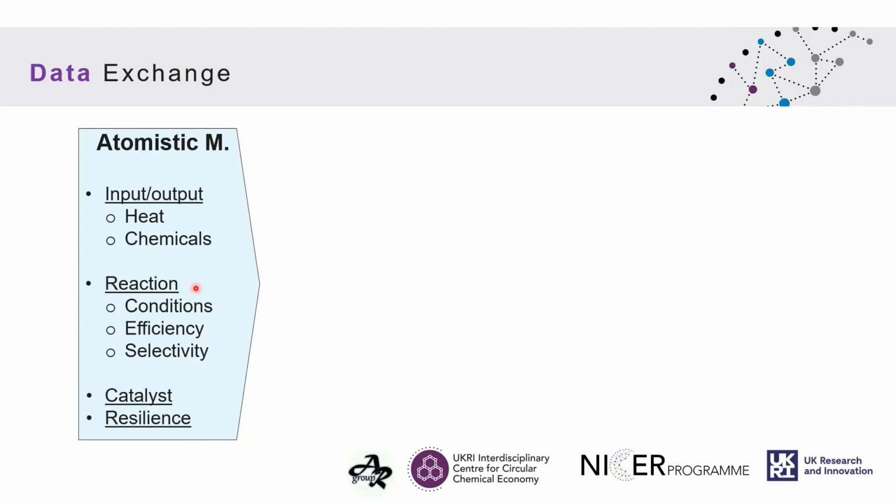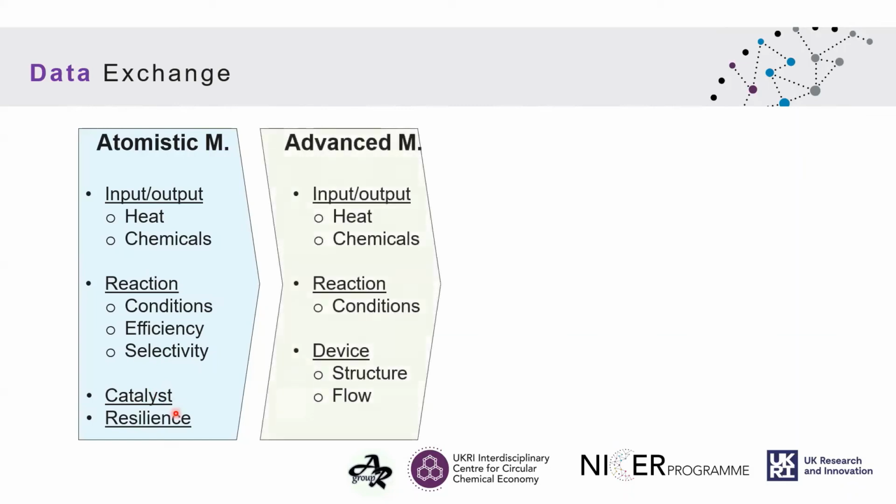Obviously, this also has limitations because it considers that it's ideally mixed, so there is no diffusion limitation. Also information on the catalyst, the resilience of the catalyst, what would happen if we have a poisoning species on the catalyst, for instance. Now we move this information upwards to the advanced technique.